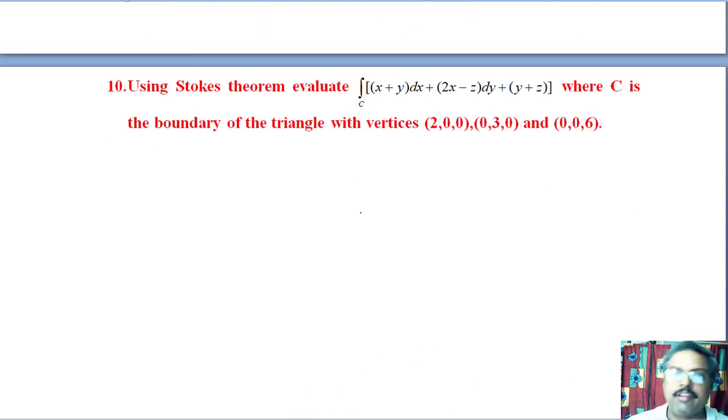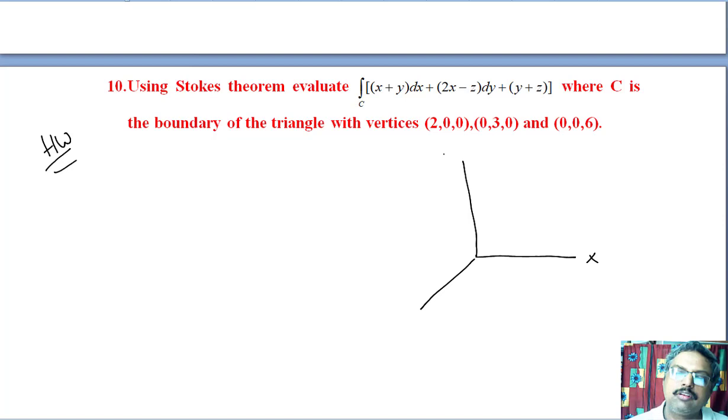In a similar way, just try it. It is a homework question, but I will give the hint. Using Stokes theorem, there is no need to find the double integral. Very easy.